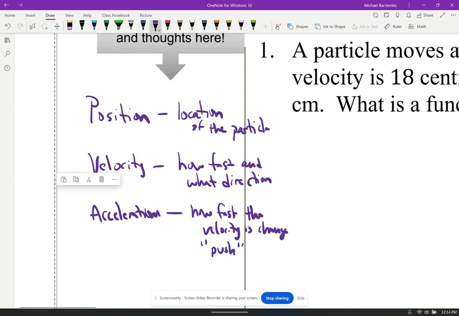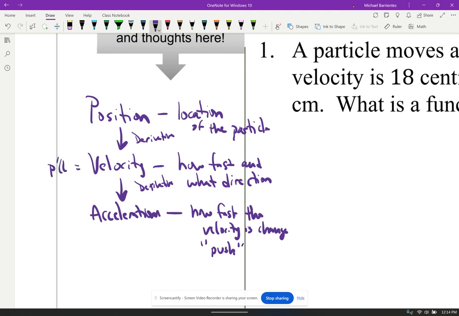And we said that in order to get from one to the other, we had to take the derivative. To get from position to velocity, I had to take the derivative. So velocity is position prime.